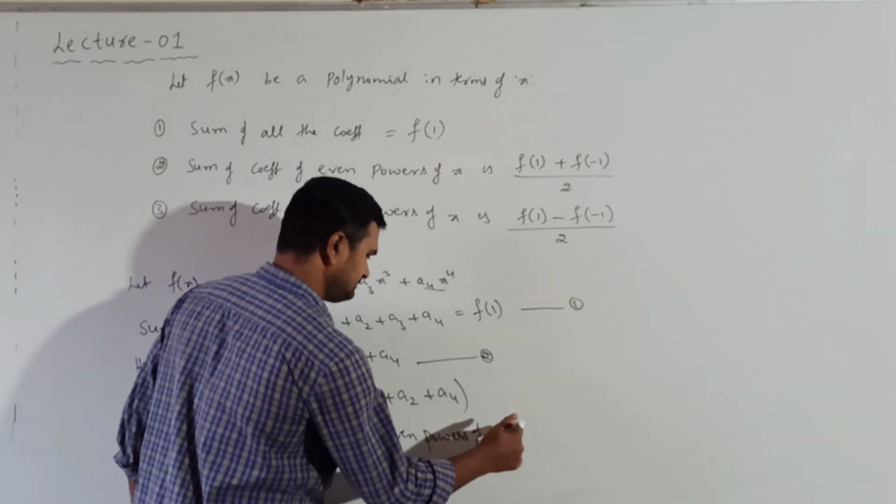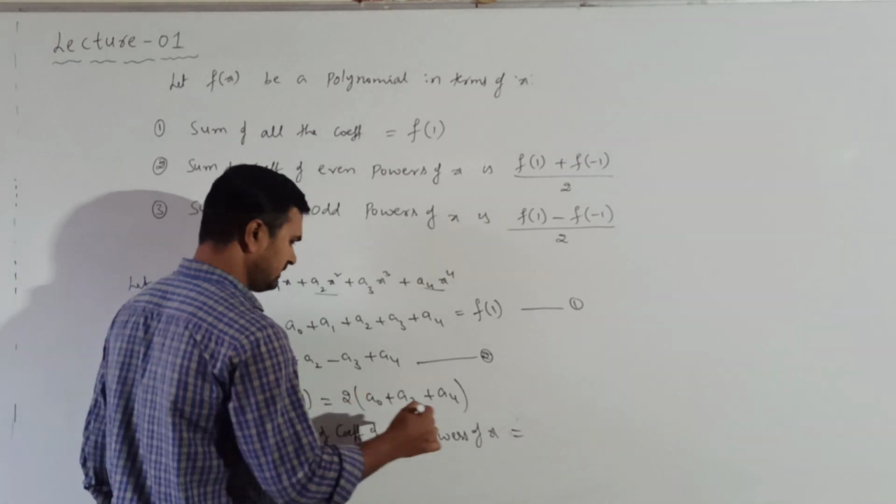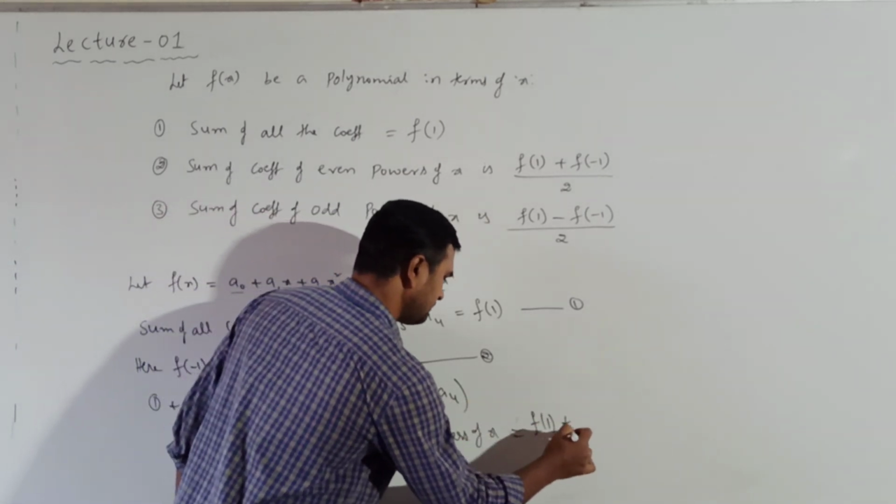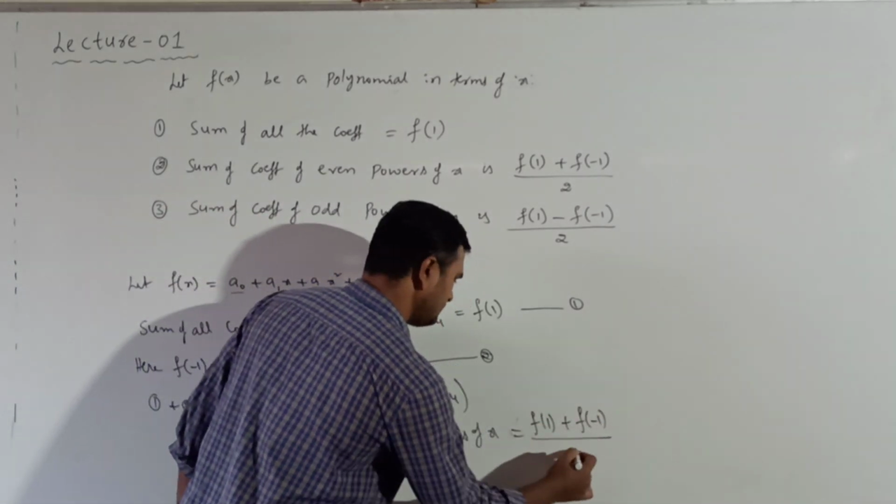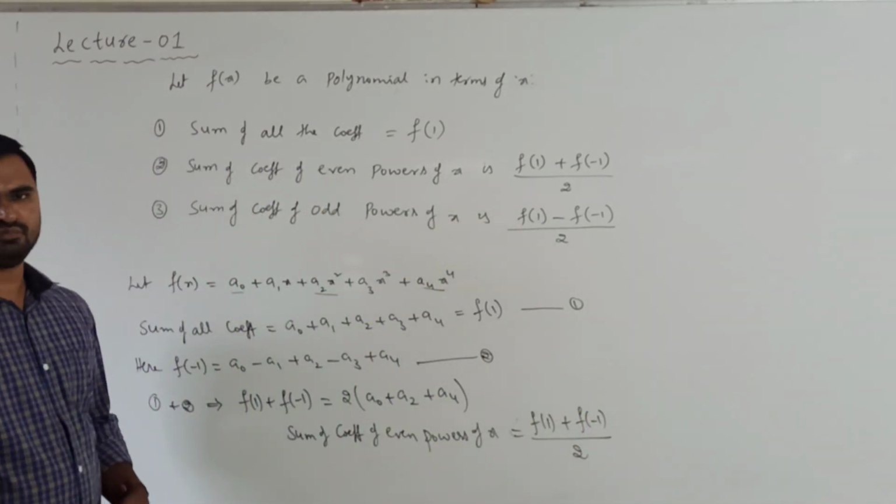This is equal to f of 1 plus f of minus 1 divided by 2.